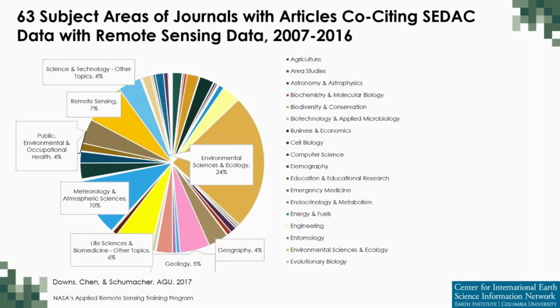But one interesting thing is just the breadth of applications of CDAC data across the sciences, including a lot in biology and medicine, but also in technology and all sorts of both natural and social and health sciences. So this just gives you a little taste of the breadth of the types of uses of data, at least in the scientific literature.